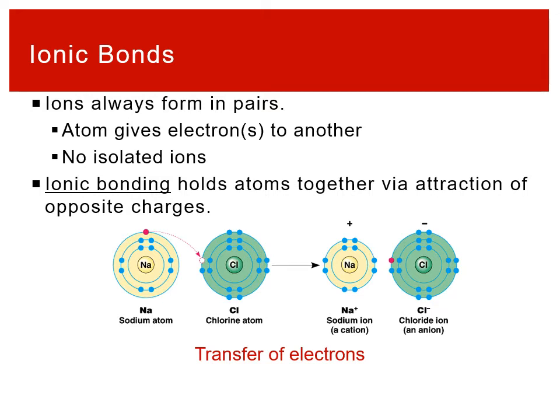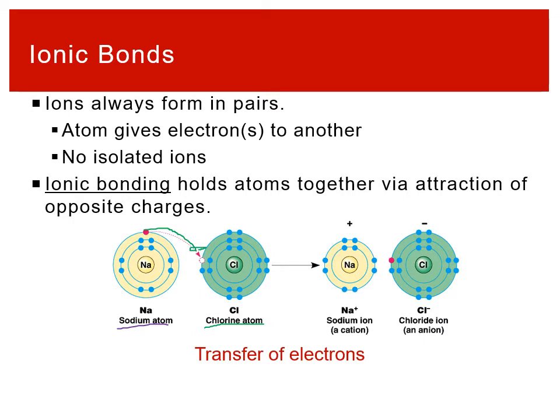Well, we know that ions are always going to form in pairs. If we think about it, for an atom to form a cation, it has to lose electrons, and in order to form an anion, you have to gain an electron. So what functionally happens is you have an atom, say sodium, that tends to form cations, that wants to lose an electron, and it pairs up with an atom like chlorine, that tends to form anions, tends to gain electrons, and an electron is transferred.